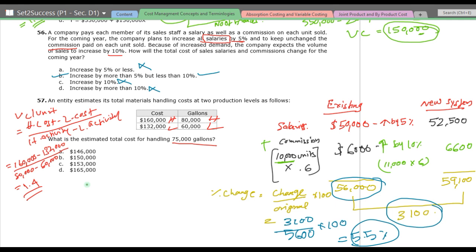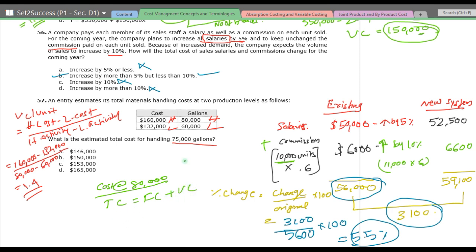So fixed cost, so cost at 80,000 gallons. Your total cost is equal to fixed cost plus variable cost.